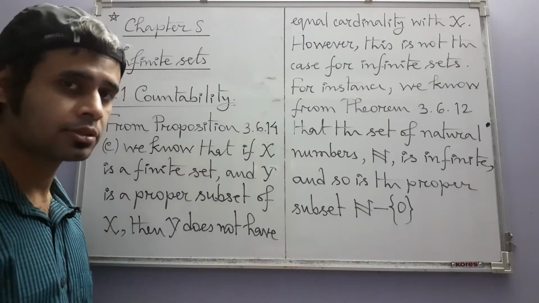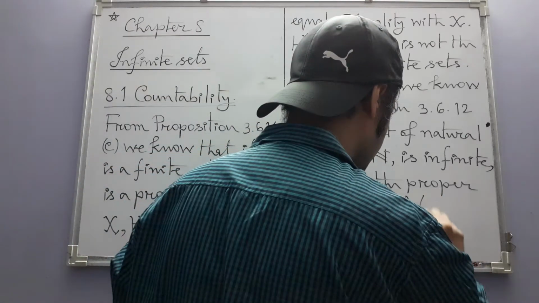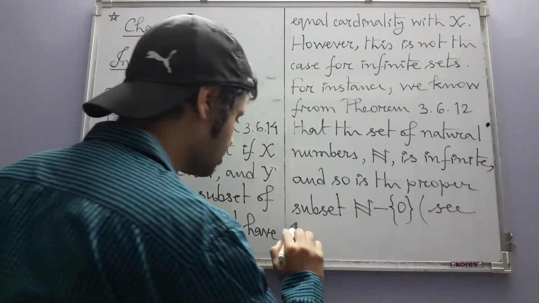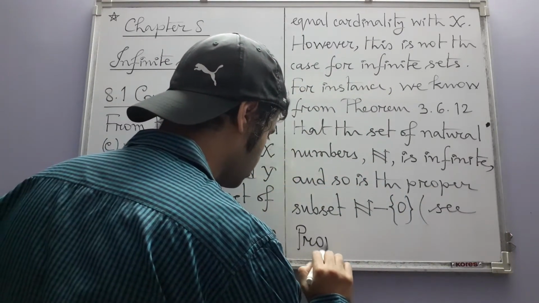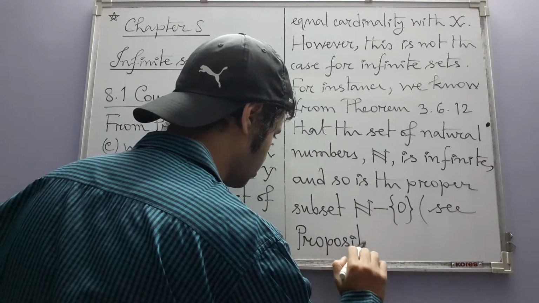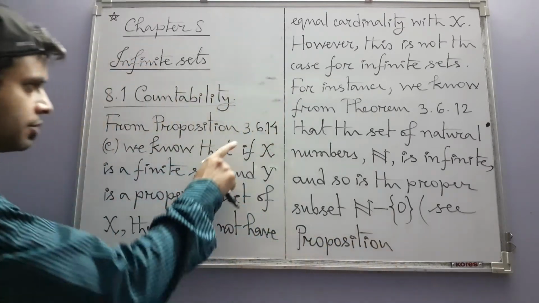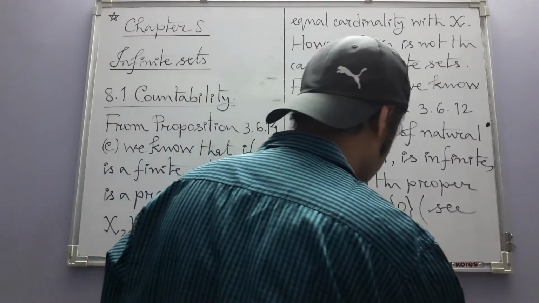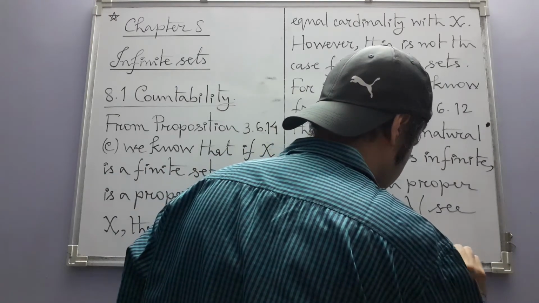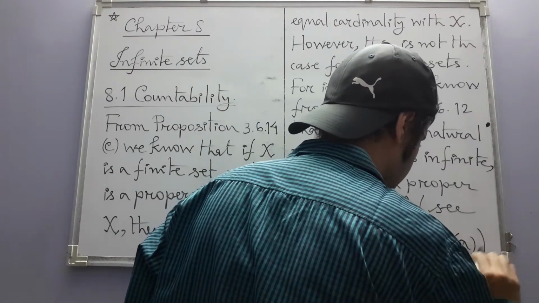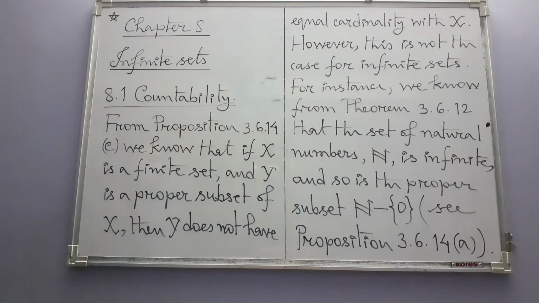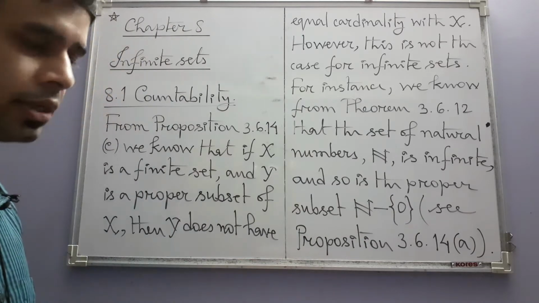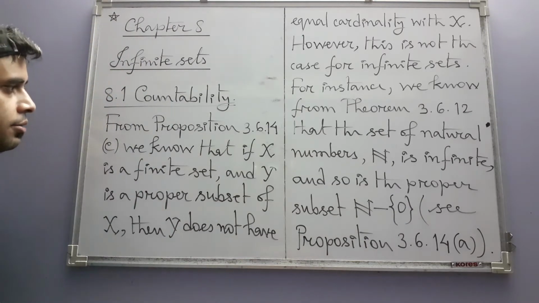This proper subset is also infinite. And where is this thing coming from? See proposition 3.6.14, first part of this proposition, part A. Okay, but what in fact is 3.6.14 part A? In that part we have this thing.